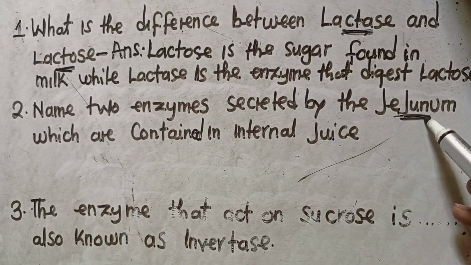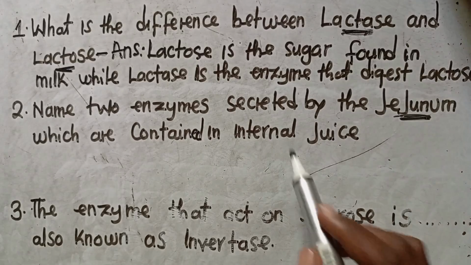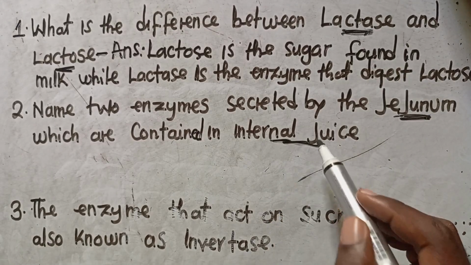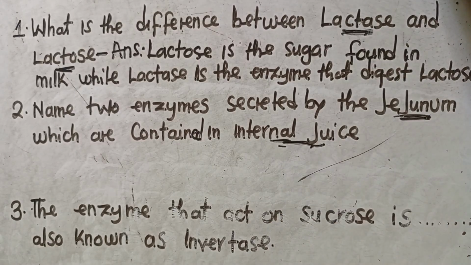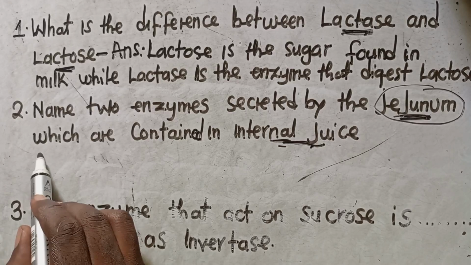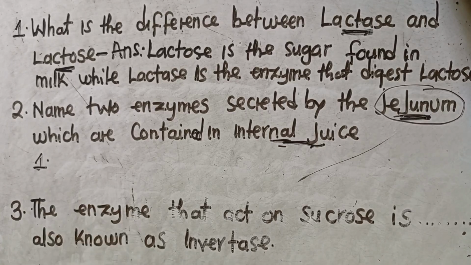The jejunum secretes a juice called the intestinal juice, and this juice contains some enzymes. There are four enzymes secreted by the jejunum that you are supposed to know and understand. There are quite a lot, so I'm going to list them so that you just know.